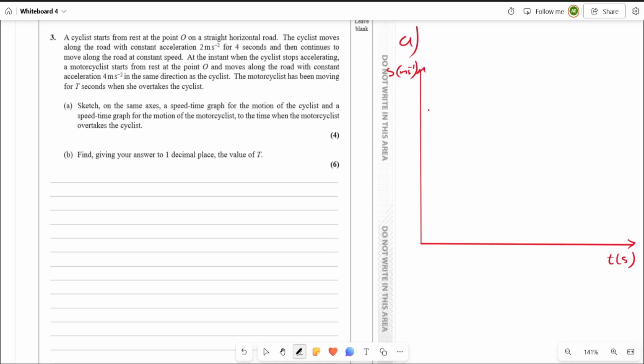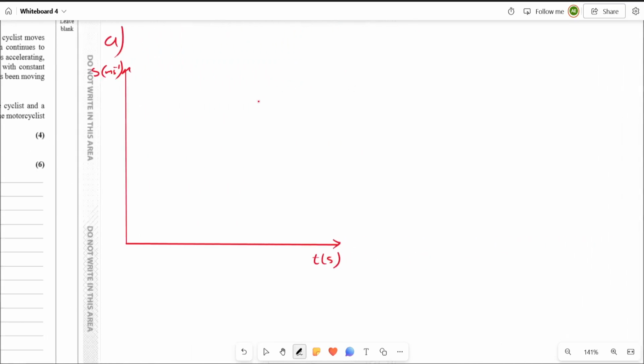Some important characteristics that we need to know for a speed-time graph are: one, the gradient or the slope is basically y over x. Y is speed, x is time, speed over time is acceleration. So gradient is my acceleration.